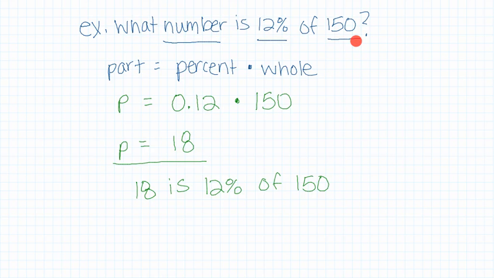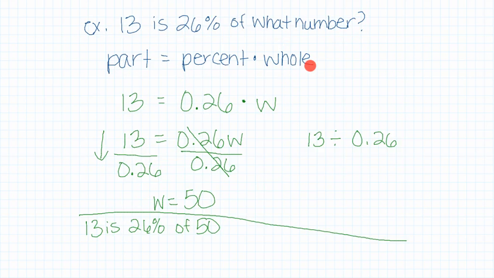We applied this to two different examples. In this example, we were missing the part, and so we gave the part a variable name, and we substituted in the percent, which was 12%, as well as the whole, which was 150. And we just solved that using simple mathematics.